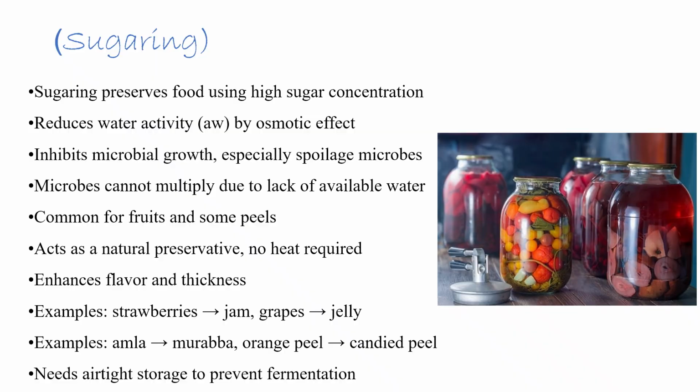And amla, normally we cannot store it; the fungus will grow within 2 to 4 days. In the same way, a dried form of amla we can preserve for the long term. Orange peel also gets mold spoilage.